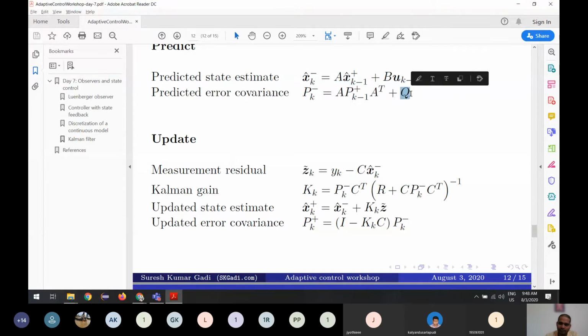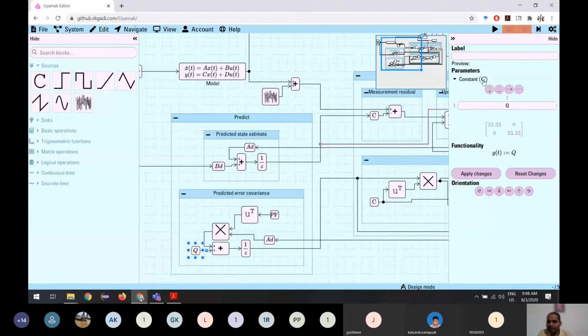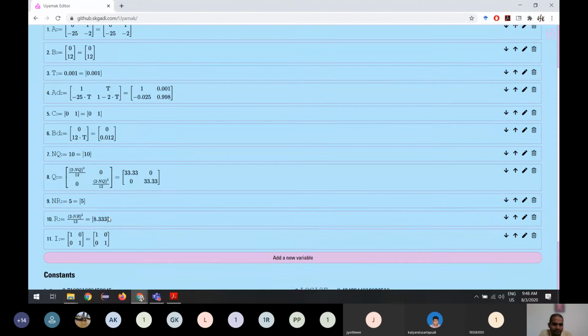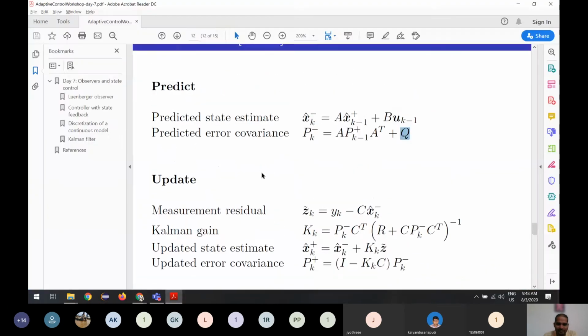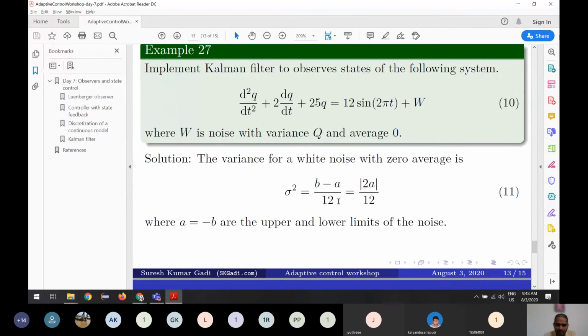The second term is the Q. So what is the Q? Let me go here and show. The Q is the variance matrix. What is the variance? Here we see the variance is given by this formula, right?